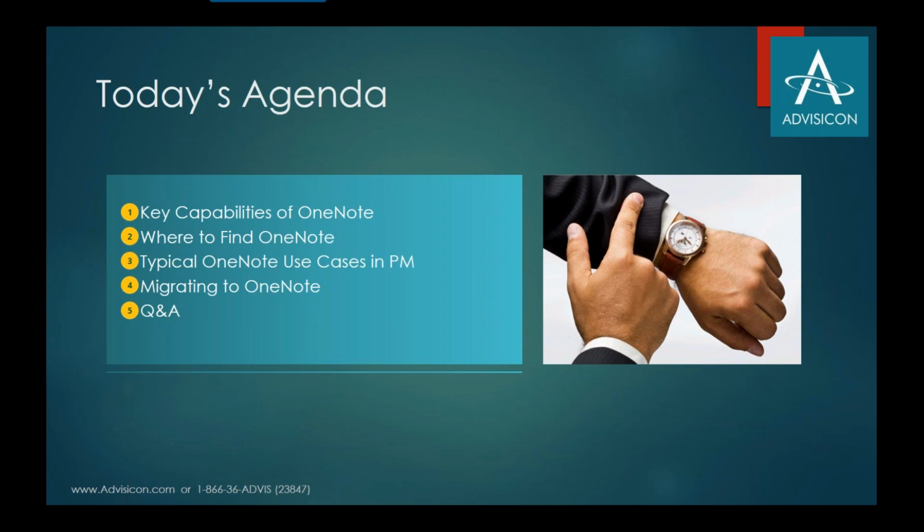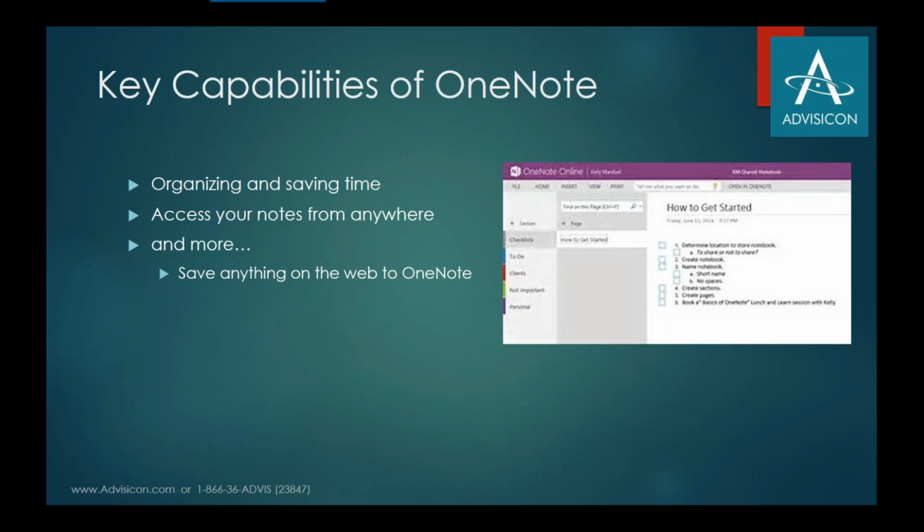On with the show. So staying with our current tool of PowerPoint, let's talk briefly about some of the key capabilities of OneNote. I really look at OneNote as an opportunity to organize my thinking, my note-taking, and certainly saving time.